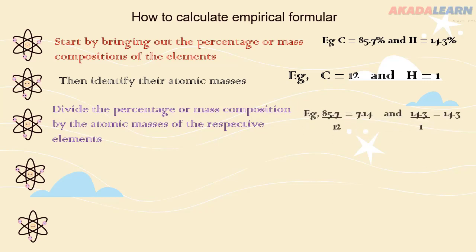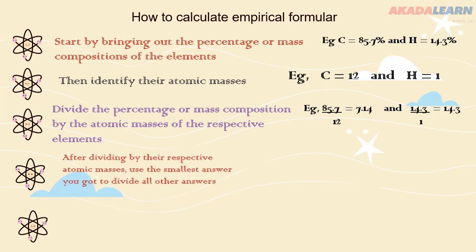A good example, you can see, if the mass of carbon is 12, we are dividing its percentage composition, that is 85.7 by 12. That will give us 7.14. And then hydrogen is 14.3% divided by its atomic mass. That will give us 14.3 divided by 1, that's 14.3.